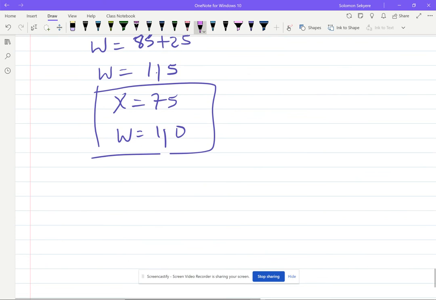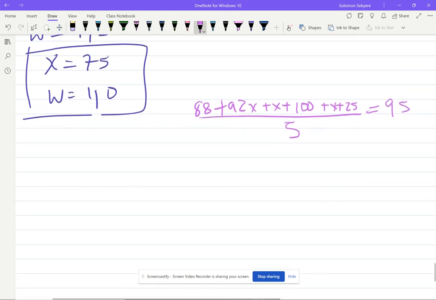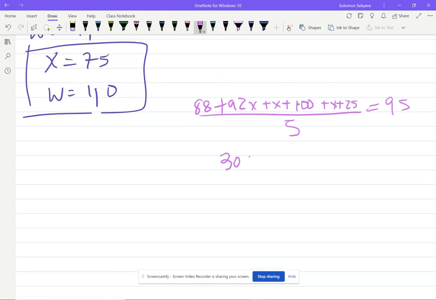So if you wanted to do it algebraically, your average formula will be 88 plus 92 plus your x plus your 100. And in place of W is x plus 25 now. This data, divided by 5, that's how you got your 95. And we added everything up and you have 305 plus 2x over 5. This is how we got your average. So if you write your formula for average, this is what you're going to end up.